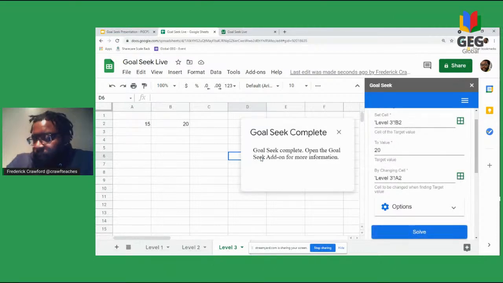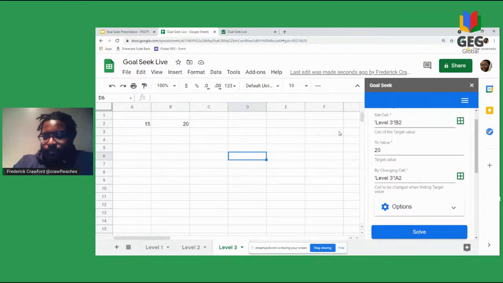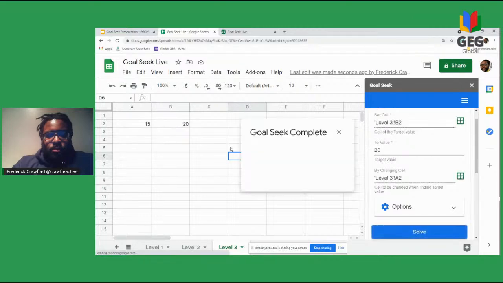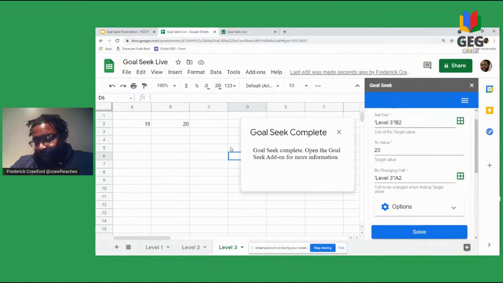So that worked out pretty well. Anybody have another number? Let's try 46. I believe the reason why this is working so well is because the answer was already 15.